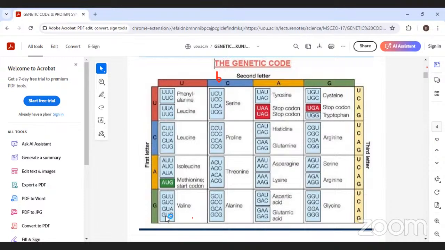The codon AUG specifies methionine both at the beginning of the protein and also internally, while the codon GUG normally specifies valine.